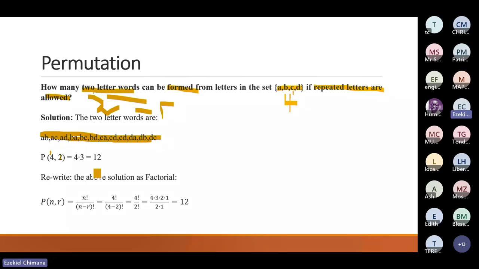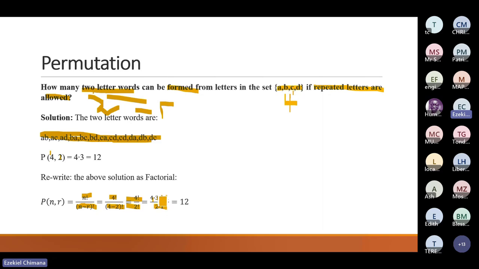So n factorial over n minus r factorial equals 4 factorial over 4 minus 2 factorial, which equals 4 factorial over 2 factorial, which equals 4 times 3 times 2 times 1 over 2 times 1.